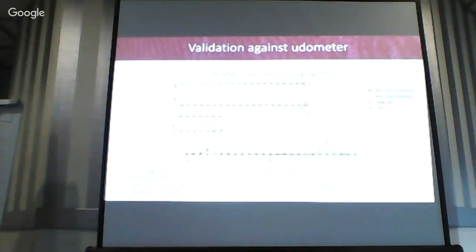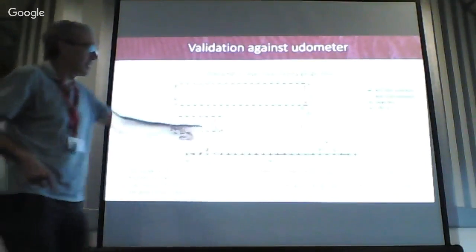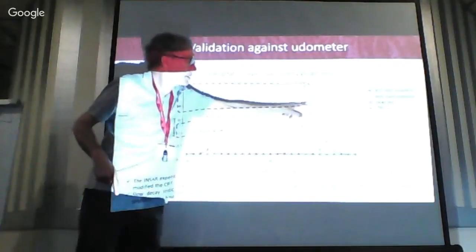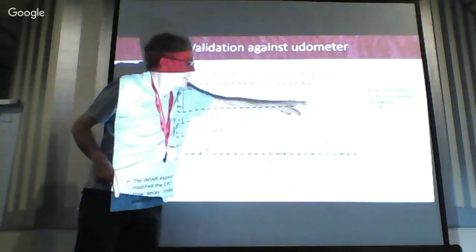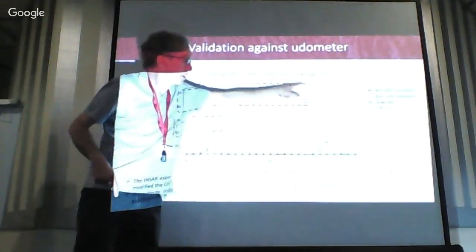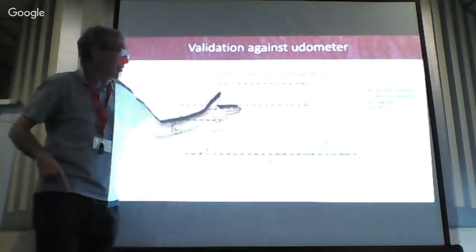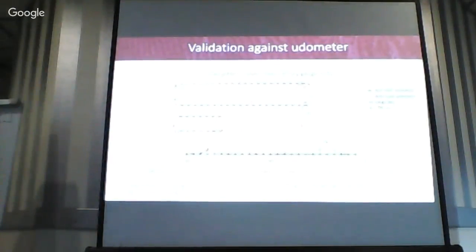So we do get a bigger pulse of rain in the second event, not as big as observed, but it is in the right timing and in the right place. Okay?